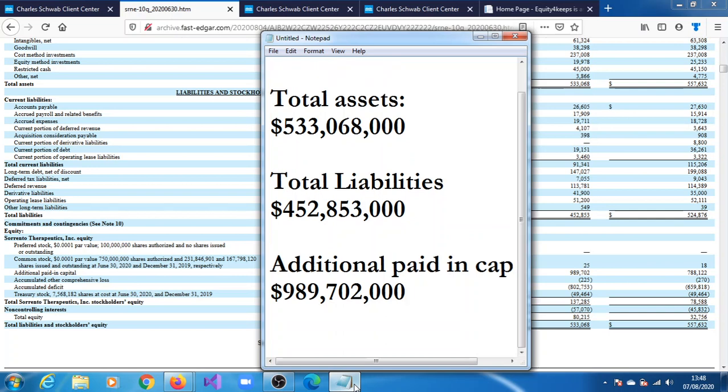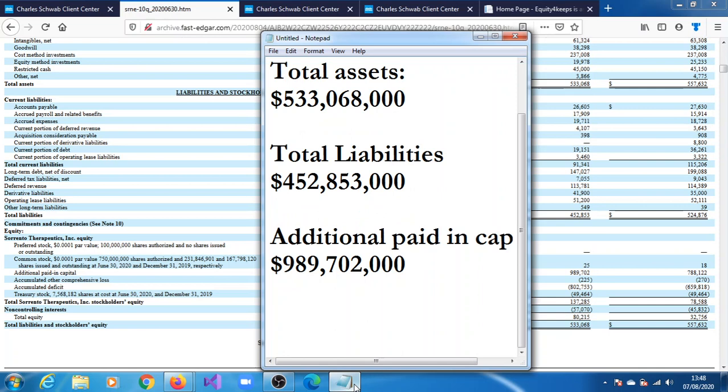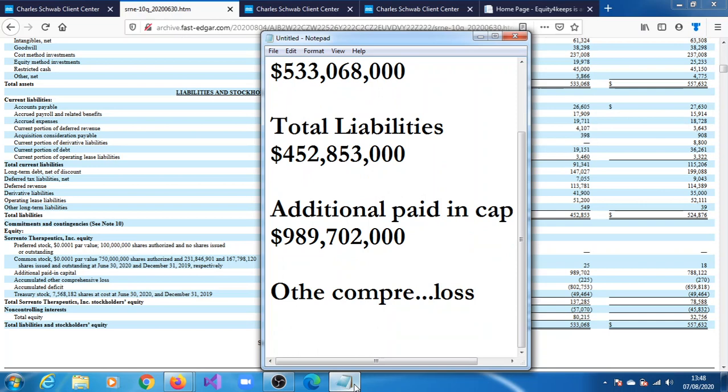Accumulated other comprehensive loss is 225,000.